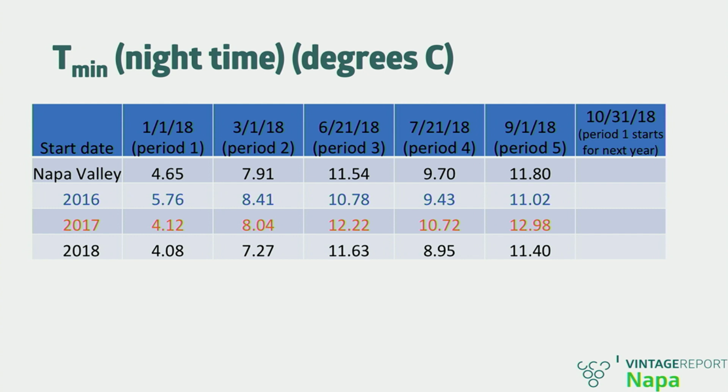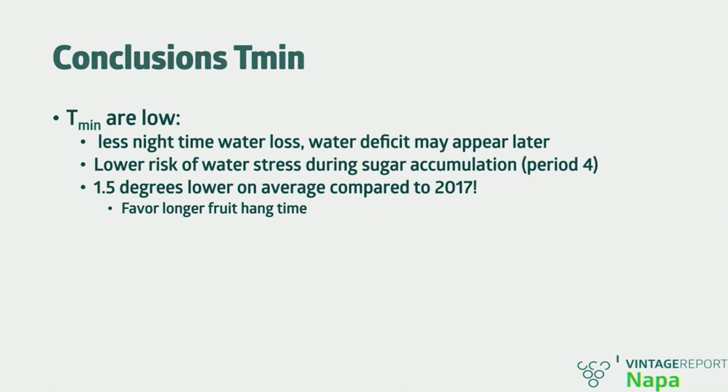So what's the situation if we look at minimum temperature? Well, it's mirroring what Greg has seen on a global scale. We see that minimum temperature all along the year has been lower. This is something that we can take as an indication that the amount of water lost by the plants during the night may be less, which favors very low water deficit index periods, less water stress.